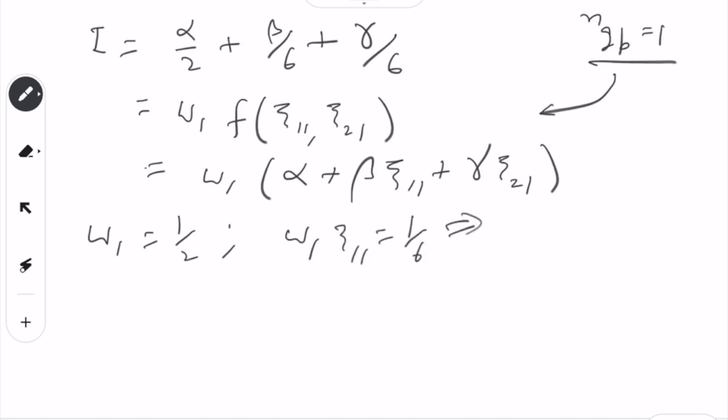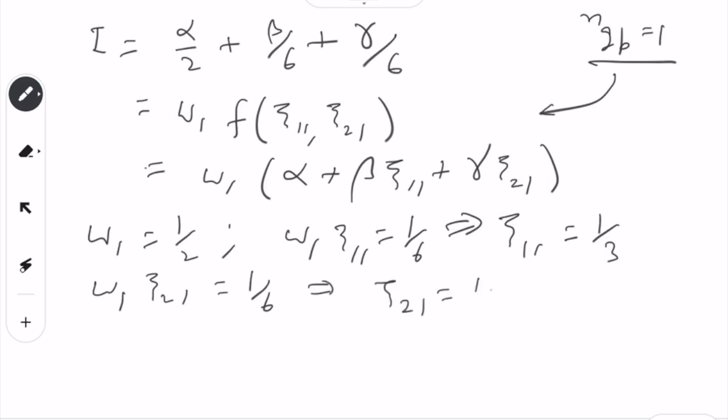So, that means xi 1 equal to 1 over 3, and similarly W1 xi 2 equal to again 1 over 6, and that makes xi 2 equal to 1 over 3.